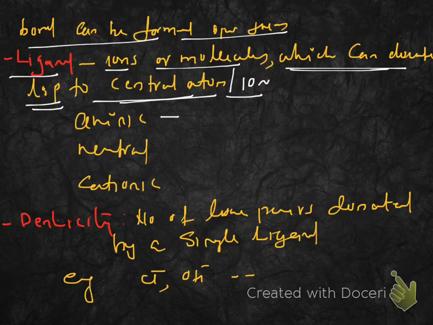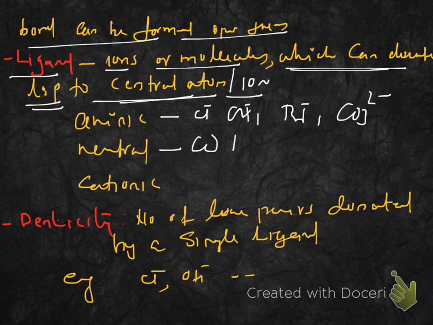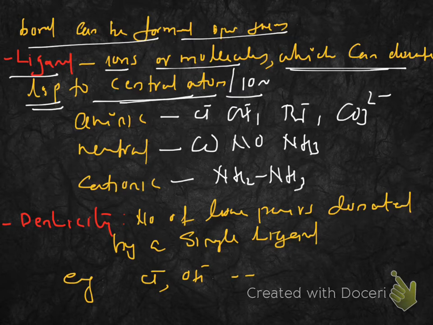They can be anionic like Cl minus, OH minus, Br minus, CO3 2 minus, etc. They can be neutral like CO, NO, NH3, etc. These ligands can be cationic also, like NH2 NH3 plus or NO plus.